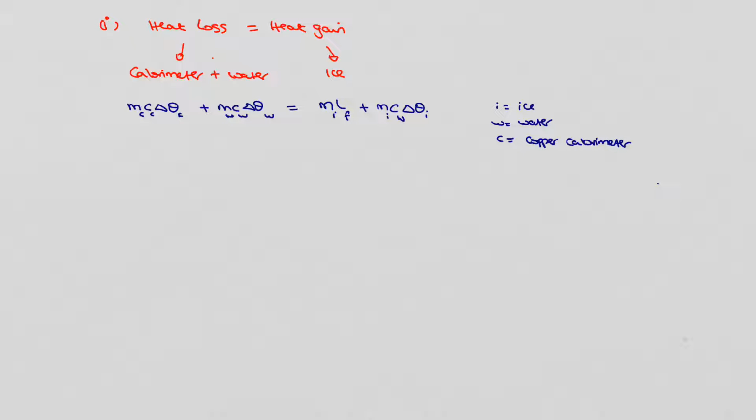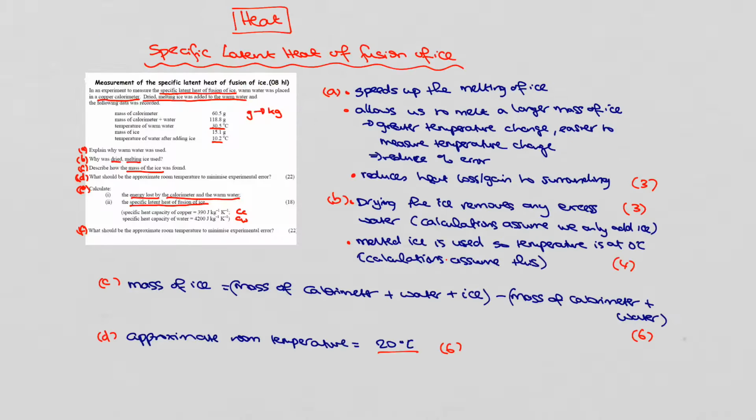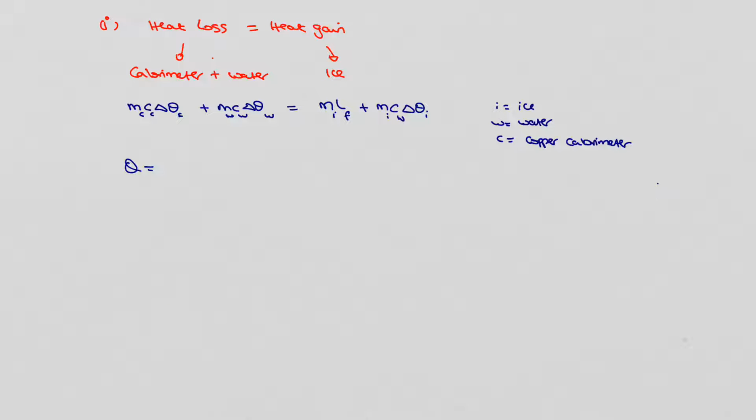So we're only looking for the left-hand side of the equation here for the first part, and then we'll put the two together for the second part of the question. So our energy, our heat loss, is our mcΔθ for the copper. So our mass of our calorimeter is 60.5 grams, which has to be converted to kilograms. So we have 60.5 divided by 1,000 is equal to 0.0605.